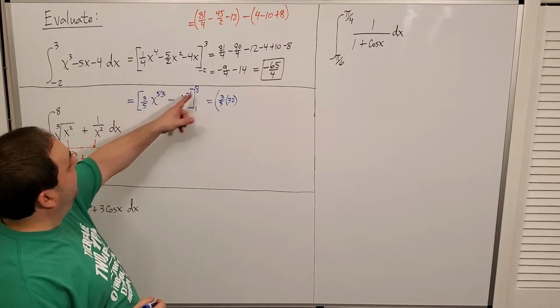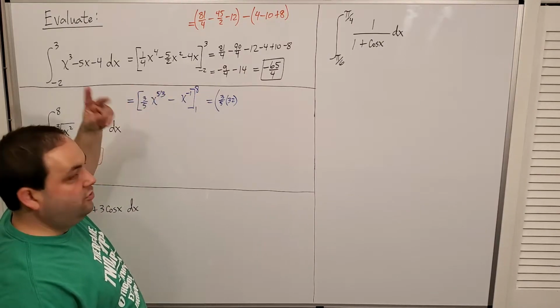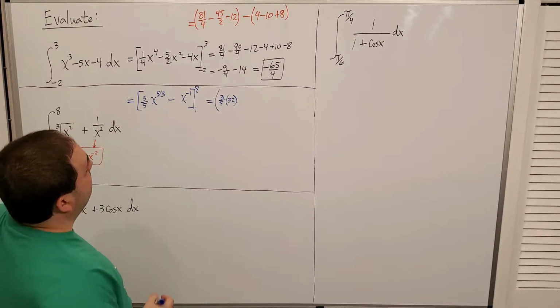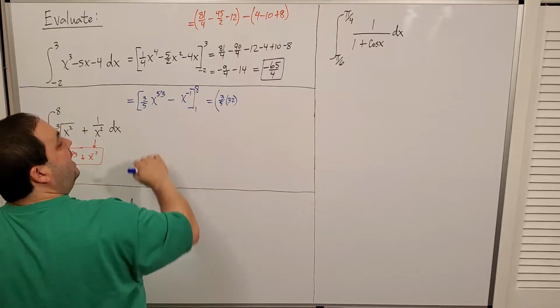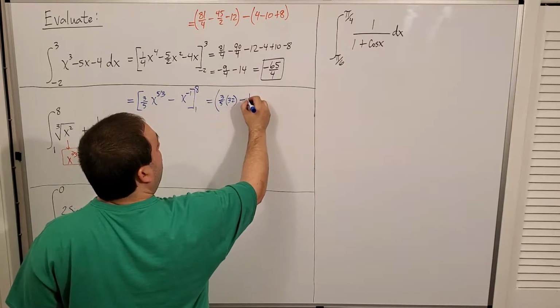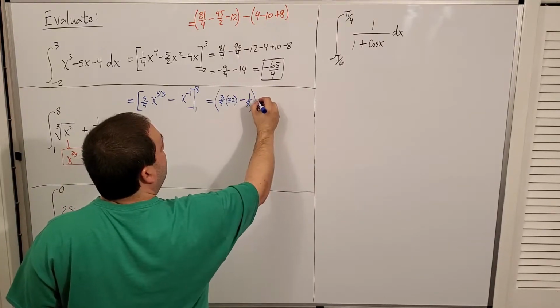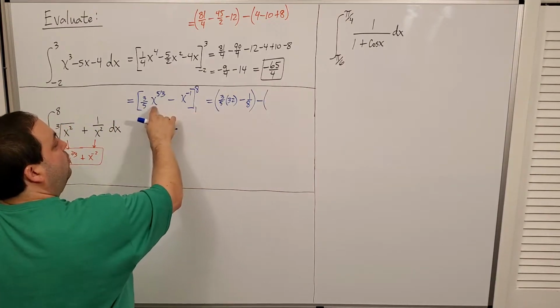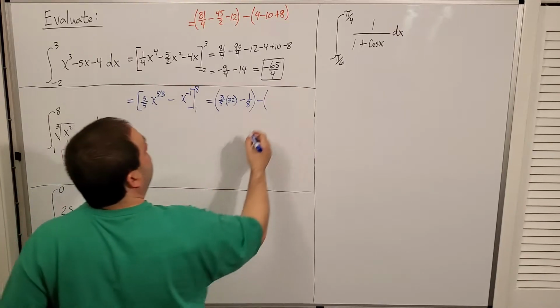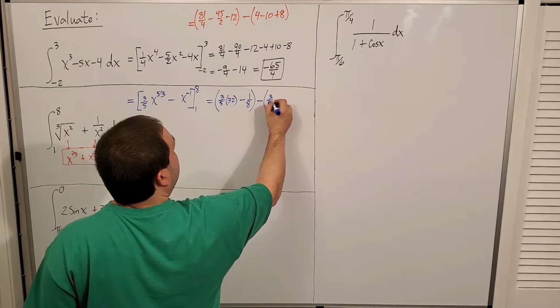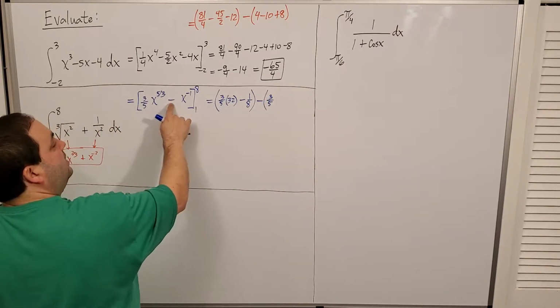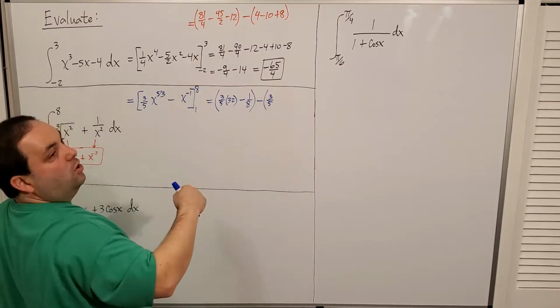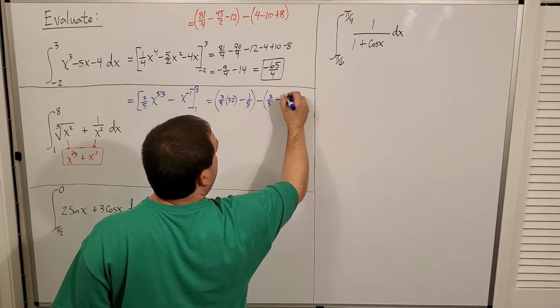Because the third root of 8 is 2, and then 2 to the 5th power is 32. And then 8 to the negative 1 is just 1 over 8. Minus the bottom, so if I plug in 1 to any power is 1, that's just 3/5. Minus 1 to the negative 1 is 1 over 1, so just minus 1.